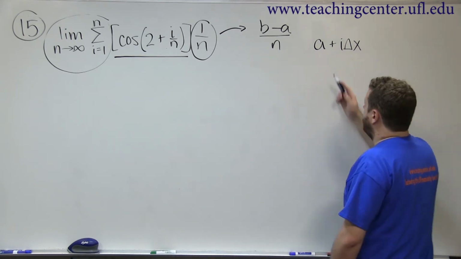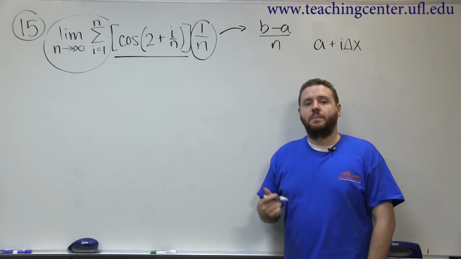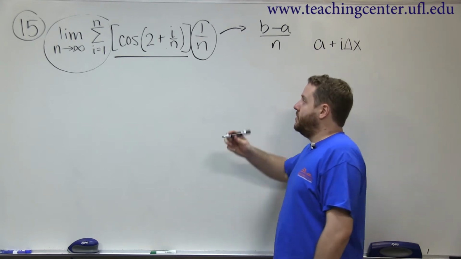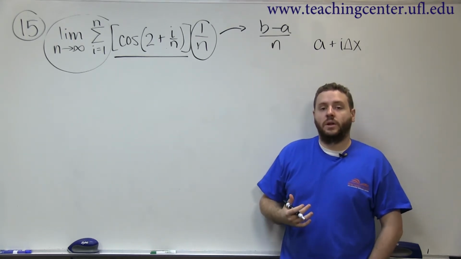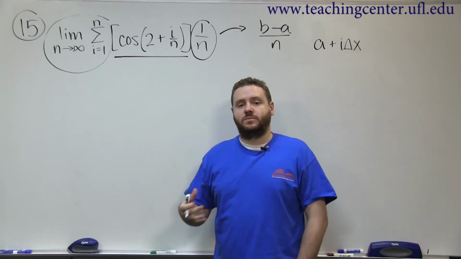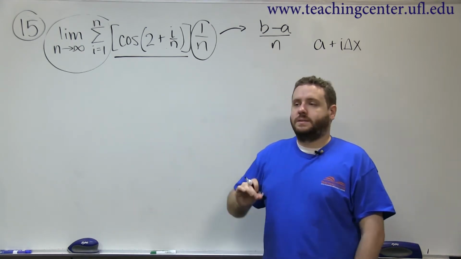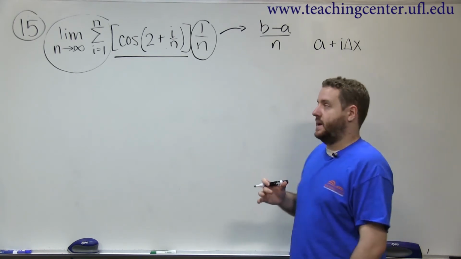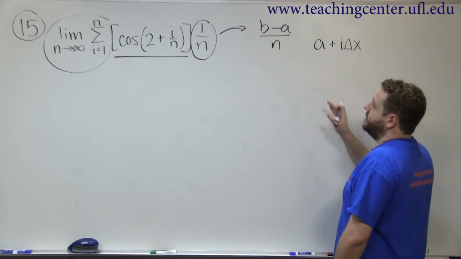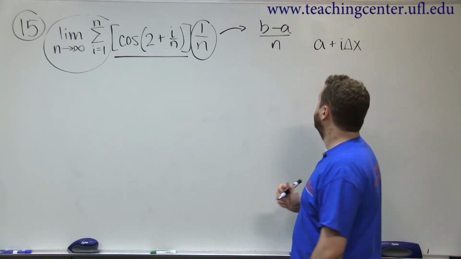And we have a 2 that might be a. And I say might be because when you have a number added in here, that could just be part of the function. Or it could be that that is an a and that's where the function starts. It might sound kind of weird at first, but both of those ways are correct. And you'll see that in a second. So first I'm just going to assume that that 2 is actually a.